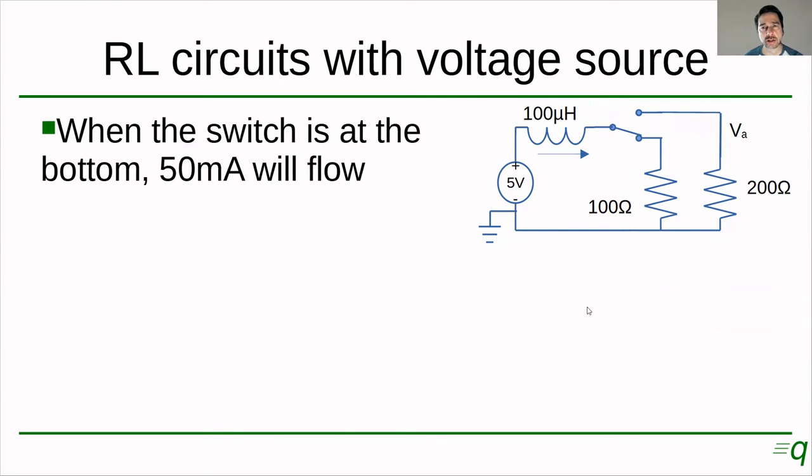So let's consider another circuit here. This is very similar to the previous circuit, only we swapped positions of the inductor and the resistor, okay? So when the switch is at the bottom here, we will end up having, again, 50 milliamps, which is 5 volts divided by 100 ohms.